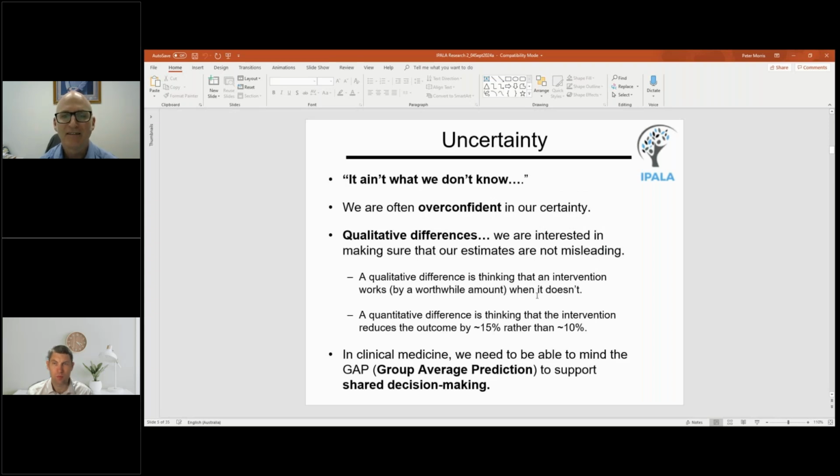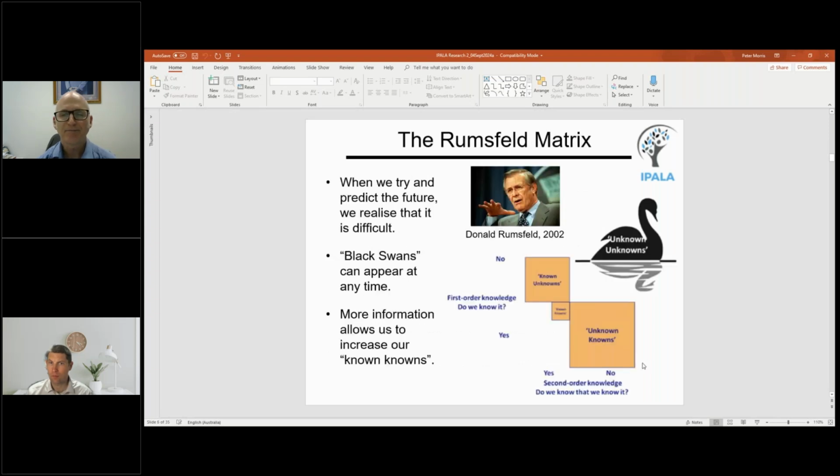So there is some inaccuracy in the estimate, but often these quantitative differences might not change your decision making. However, we do want to be able to make accurate predictions about what's going to happen to people with their conditions, and if they decide to either have further testing or take treatments, and these accurate predictions can be used in shared decision making.